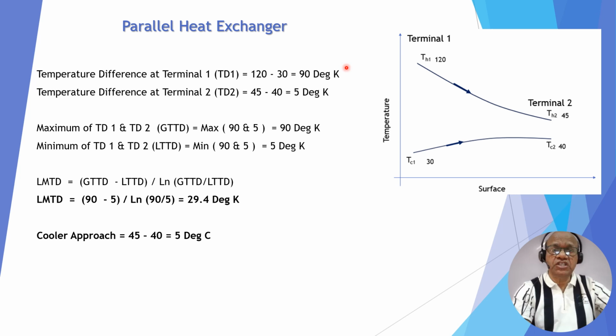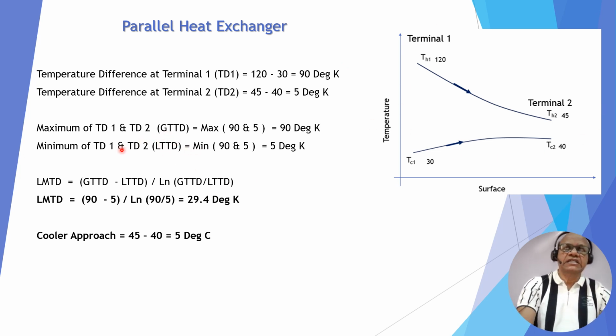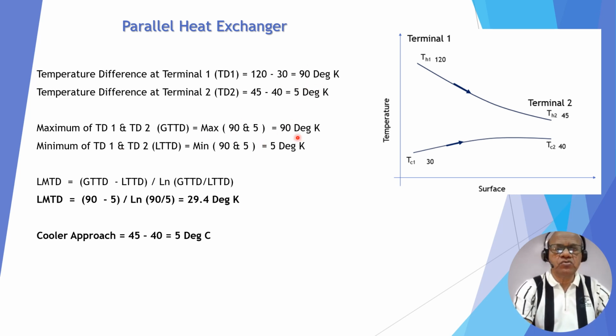The maximum of these two terminals, that means TD1 and TD2, we call GTTD, the greater terminal temperature difference, which is 90 degrees. Similarly, the minimum of TD1 and TD2 is called LTTD, the lesser terminal temperature difference, which is 5. Now the LMTD formula is GTTD minus LTTD divided by natural log, shortened as LN, of GTTD divided by LTTD.